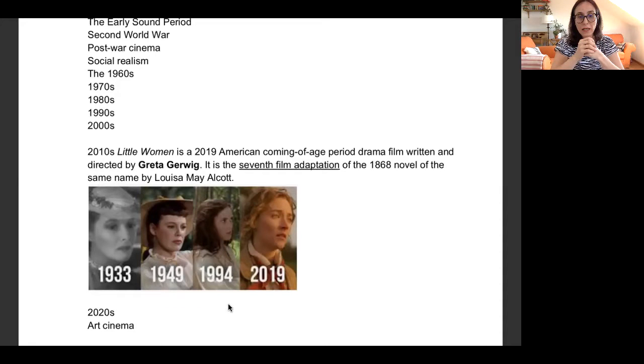You see, it is the seventh film adaptation of the 1869 novel of the same name by Louisa May Alcott, always with the title Little Women. And although this is an American novel, it has been adapted by filmmakers who are American, but also British, and actors who are also British.